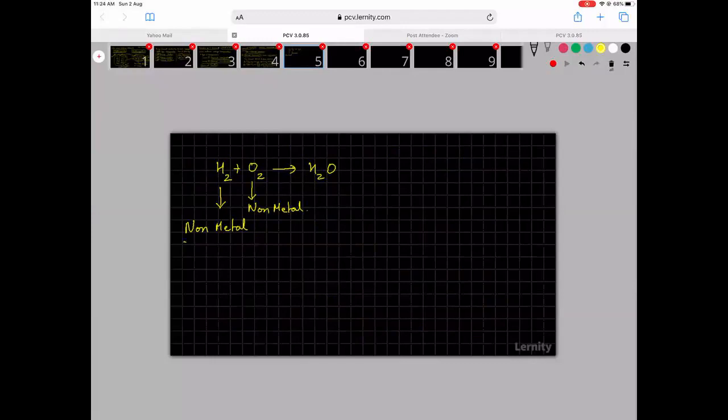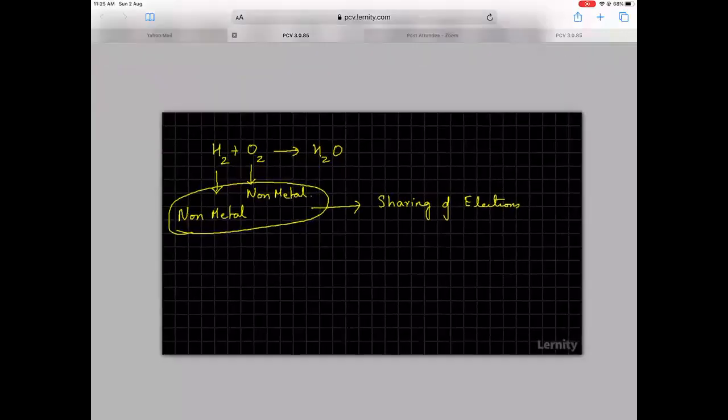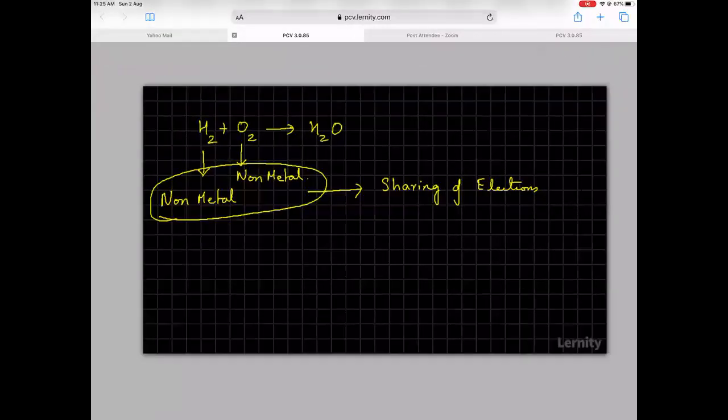When two non-metals combine, they give you something, and that product is formed by sharing of electrons. When non-metals combine, they do so purely by sharing.